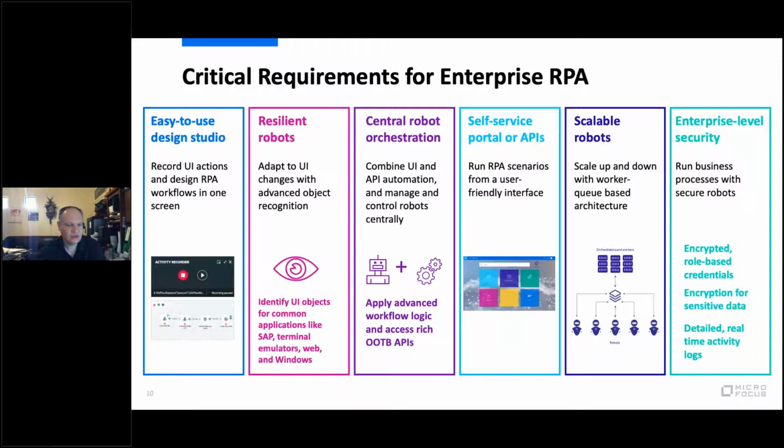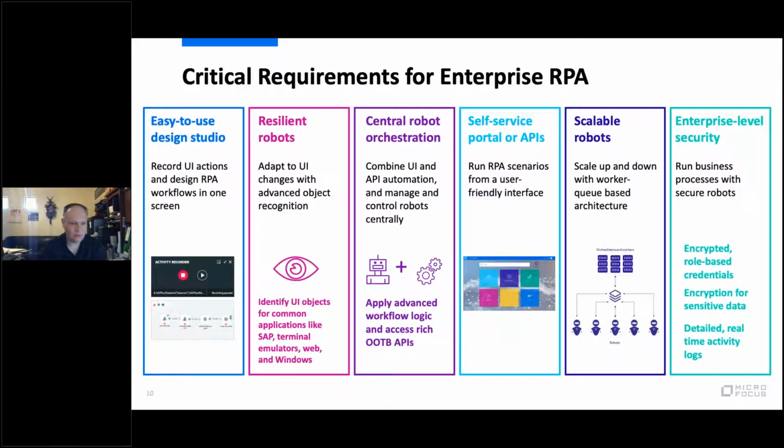The second is this notion of resilient robots. A resilient robot is the ability to adapt to UI changes and look at advanced and intelligent object recognition. So what does that mean? We'll get into a little bit more detail about this, but it's the idea of being able to not just follow X, Y coordinates of where the mouse is, because that has inadvertent challenges to it.